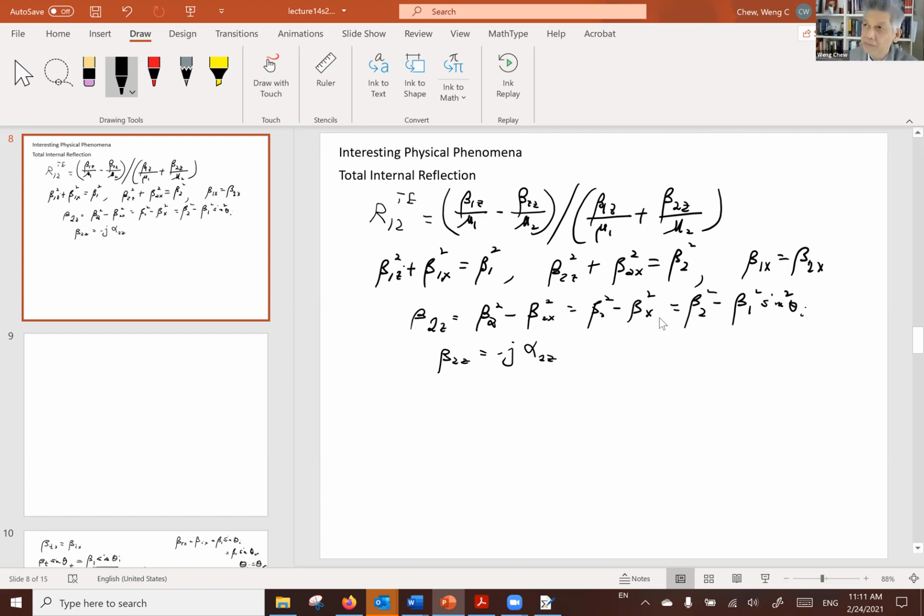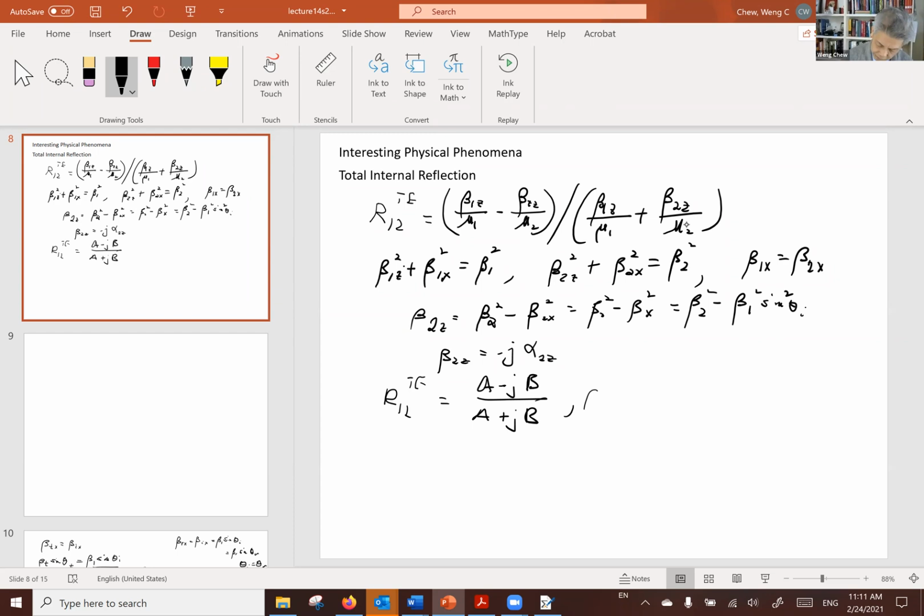And when that happens, one of these numbers will become pure imaginary. This becomes pure imaginary. Then R12TE is of the form A minus jB over A plus jB. And if you have a number like this, if your math is very good, you immediately see that these two numbers are complex conjugates of each other.